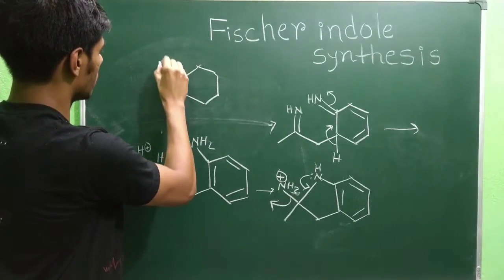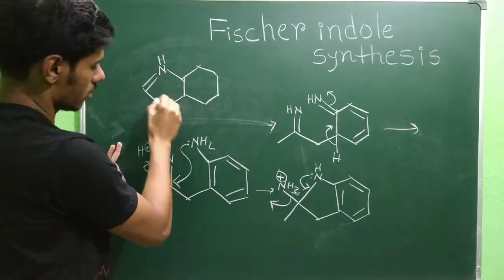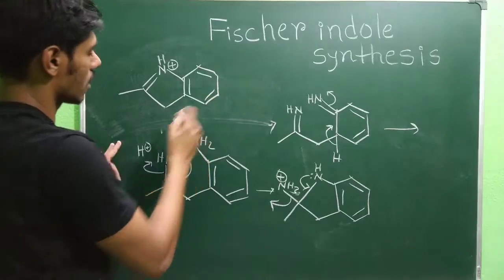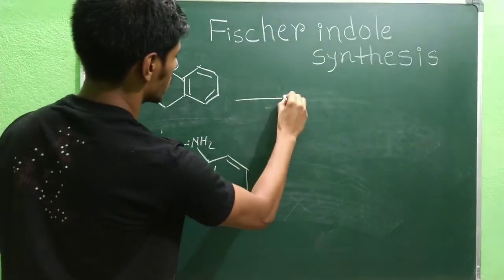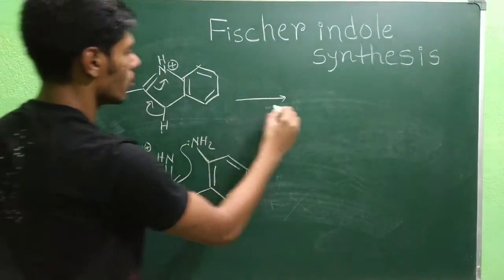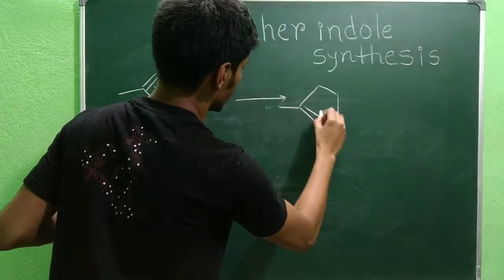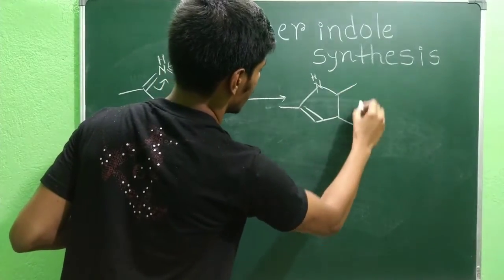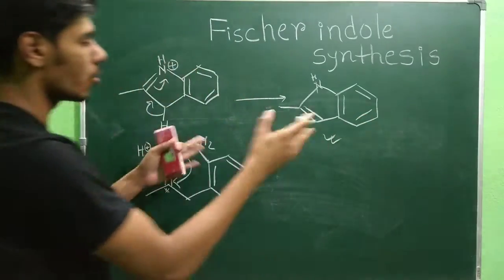Here you have NH, here you will have this plus, right? And now to neutralize this charge, what will happen next? So here you have one hydrogen, so this hydrogen can go, and this is how this charge can be neutralized. So here you will have this NH and this, so this is the indole moiety. So this is how we get the indole.